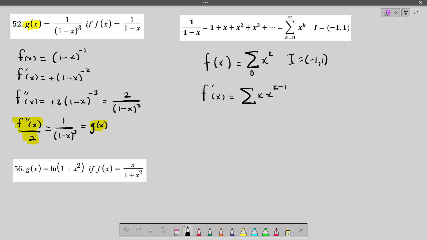So think about this. If you have a polynomial 1 plus x squared, and you take its derivative, don't you lose a term? Right? That first term drops off. If you have 1 plus x squared and differentiate, the 1 drops off. That's one way to think about, oh, we lost the term. We now need to start at 1 instead of 0.